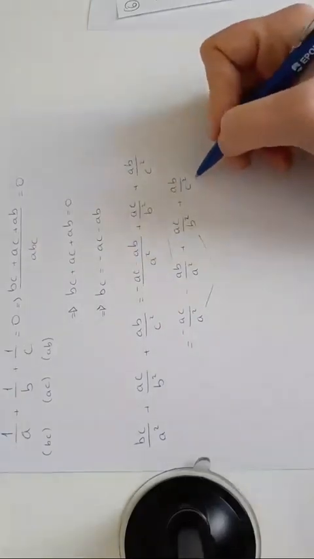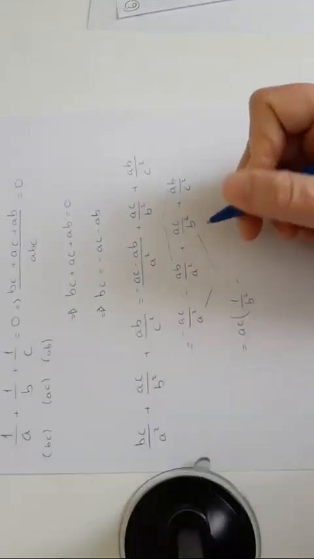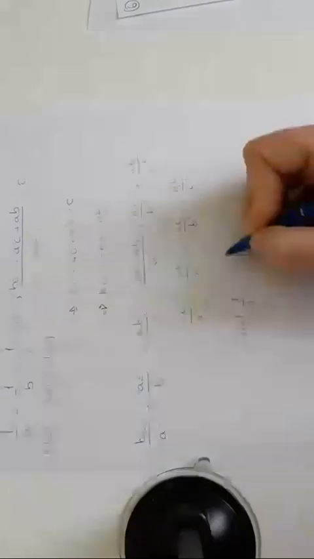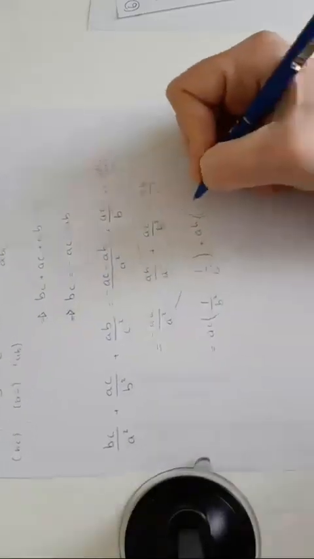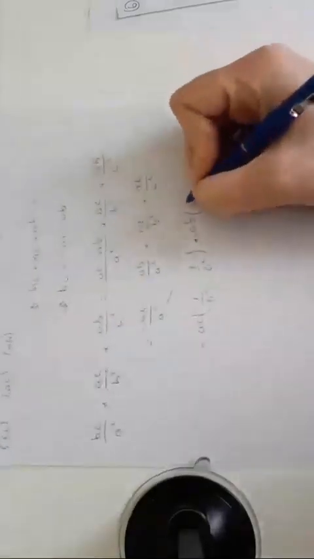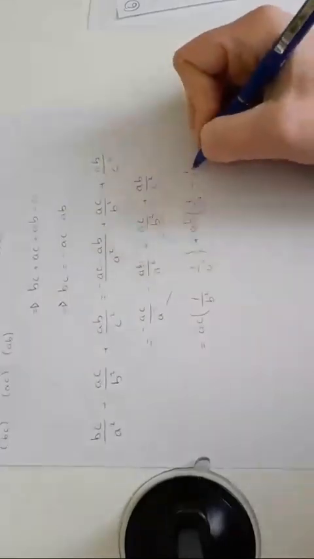So here I have AC times 1 over B squared minus 1 over A squared, plus AB times 1 over C squared minus 1 over A squared.